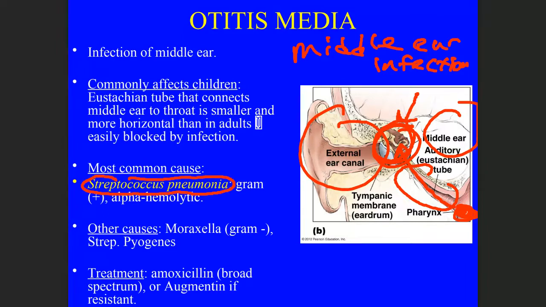But there's also a bacteria called Moraxella that can cause it, and even Strep pyogenes, the very same bacteria that we just talked about that can cause strep throat, can cause middle ear infections. If you have ever had a middle ear infection, or if you have kids who have, the number one treatment for it is amoxicillin or Augmentin.